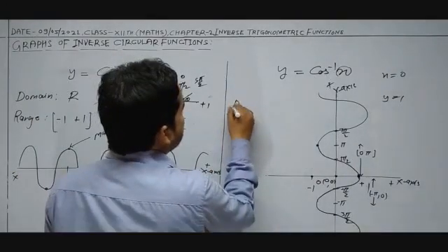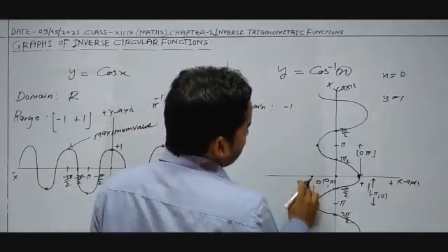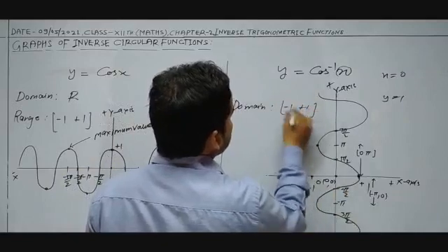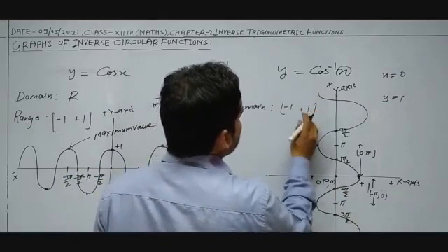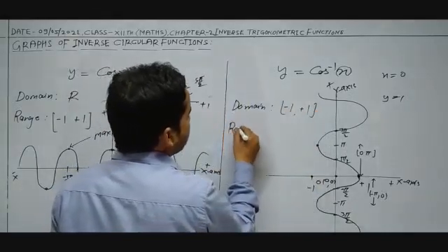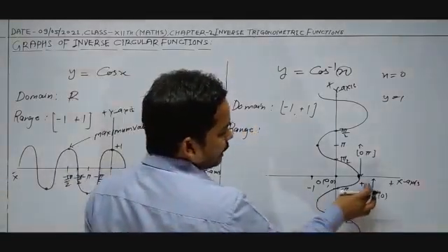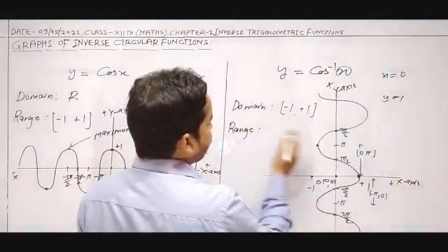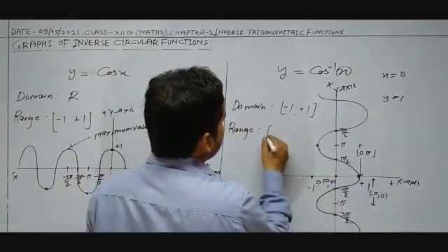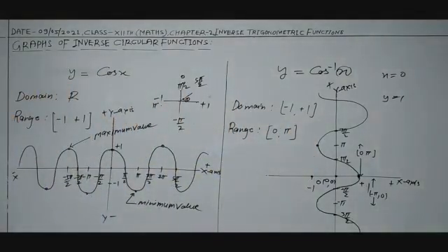So the domain will be minus 1 to plus 1, and the range can be minus pi to 0 or 0 to pi. We can set a single range, that is 0 to pi. So this is the range of cos inverse x.